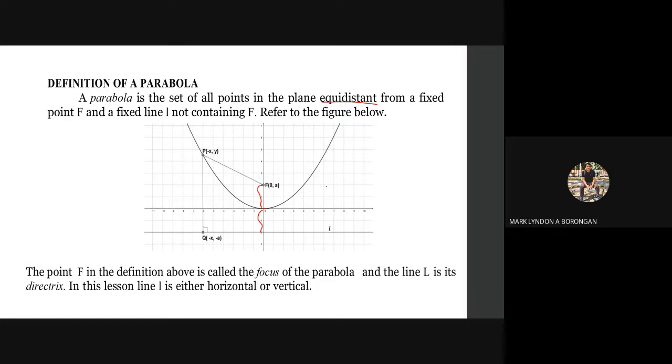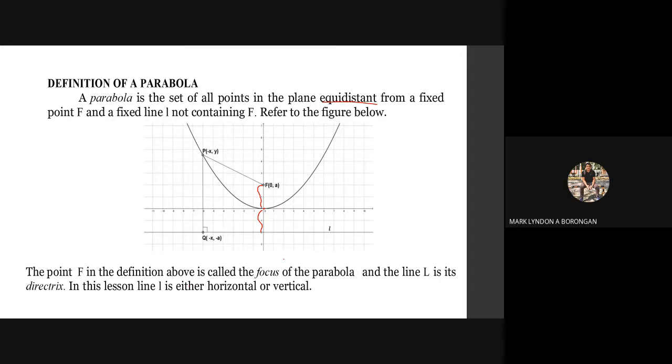Okay? So the point F in the definition above is called the focus of the parabola and the line L is its directrix. In this lesson, line L is either horizontal or vertical.